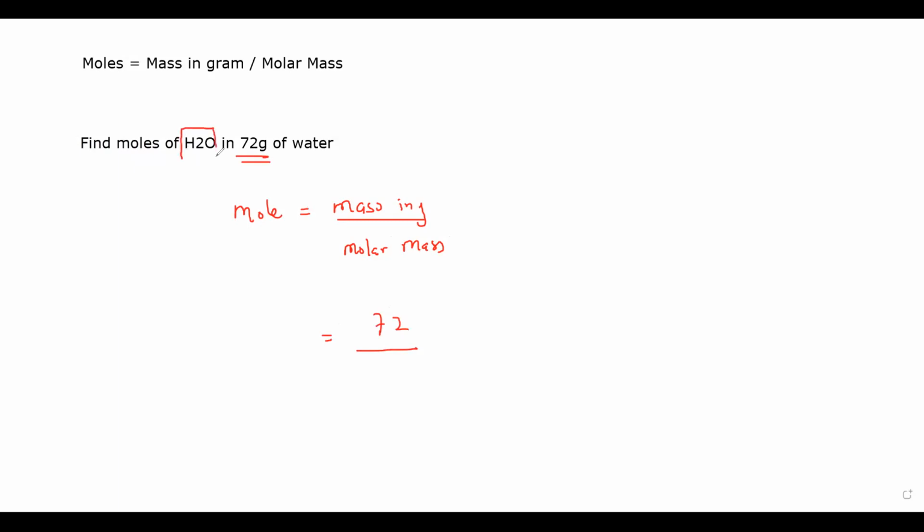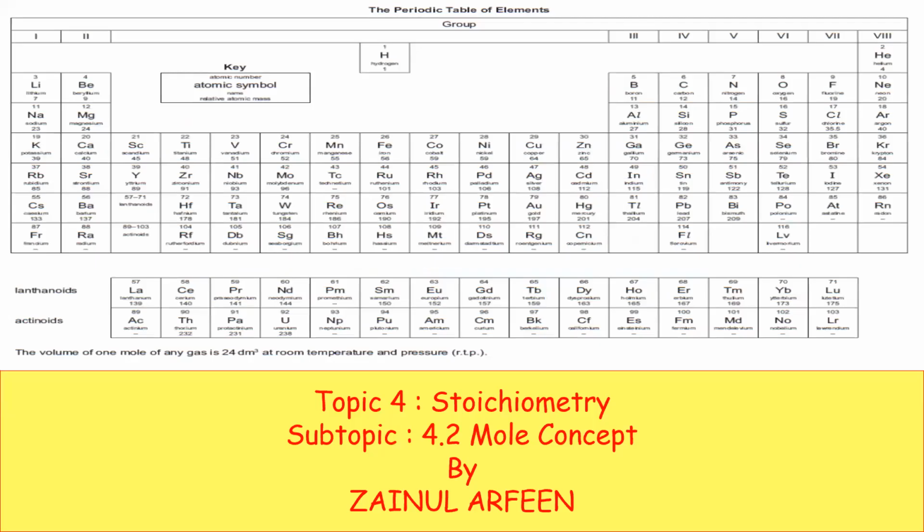So how to get the molar mass of the molecule? Because if substance is a molecule, molar mass means molecular mass. If substance is atom, then molar mass means atomic mass. So we have to find the molar mass of water. For that we will use a periodic table. So how to find the mass of water, H2O?